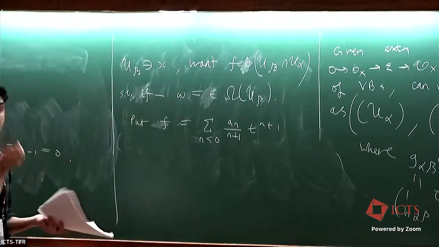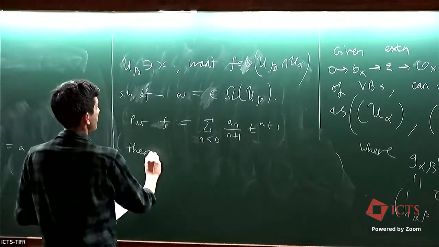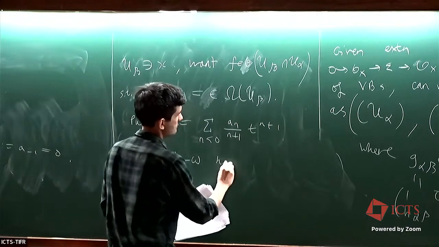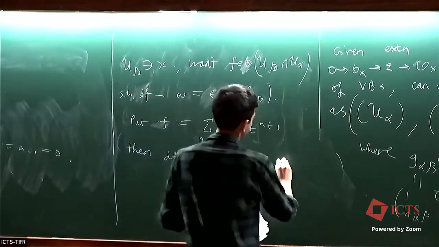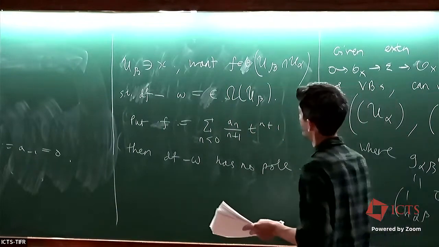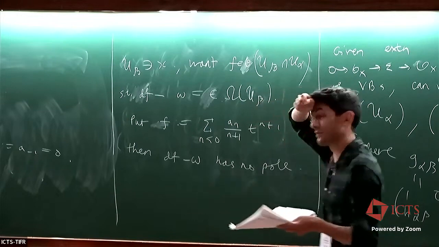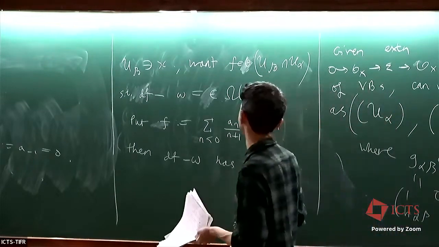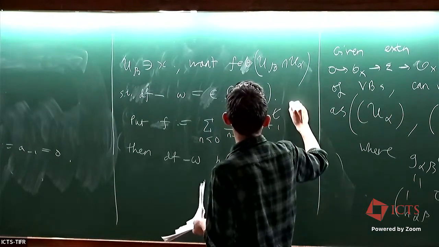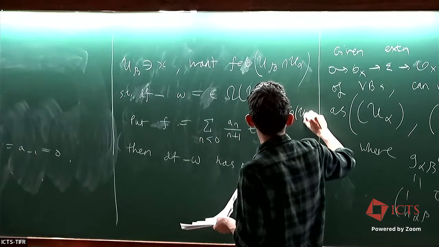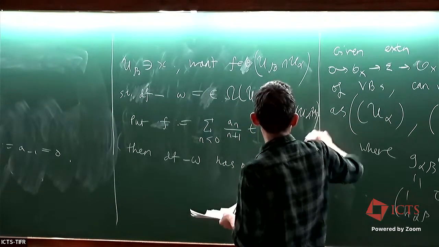Then by construction, f minus omega has no pole. And because t was a parameter, in particular, t is an algebraic function, and this is just a polynomial in t. So this is actually an element of, well, again, maybe if we shrink U beta a bit, U alpha intersect U beta.